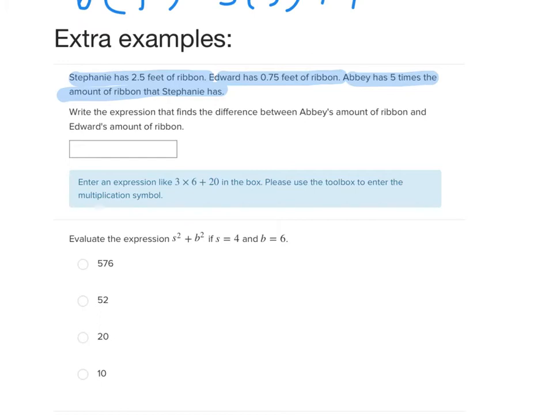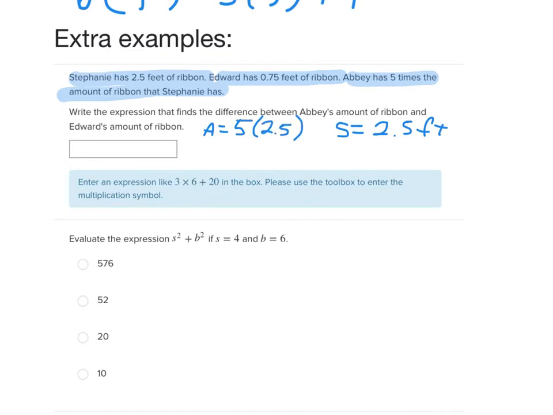Okay, so Abby's amount of ribbon. How much does Abby have? She has 5 times the amount that Stephanie has. So how much does Stephanie have? Stephanie has 2.5 feet of ribbon. So Abby has 5 times 2.5.